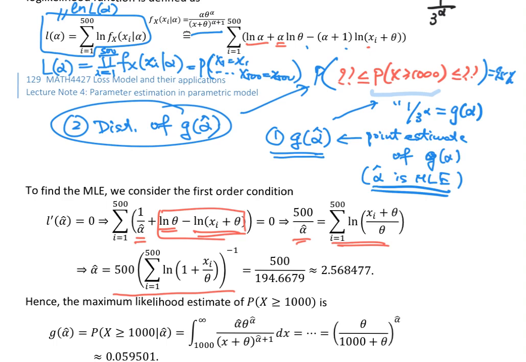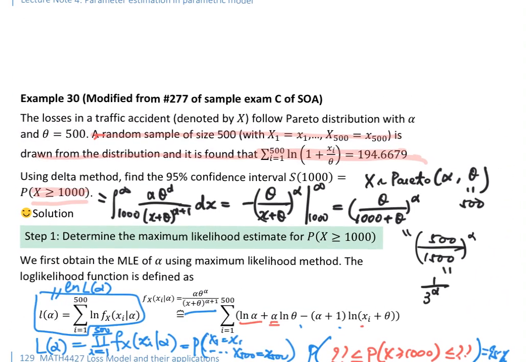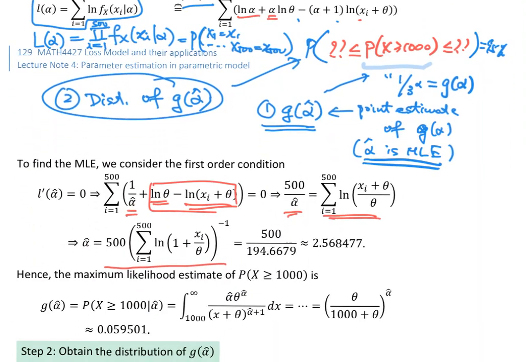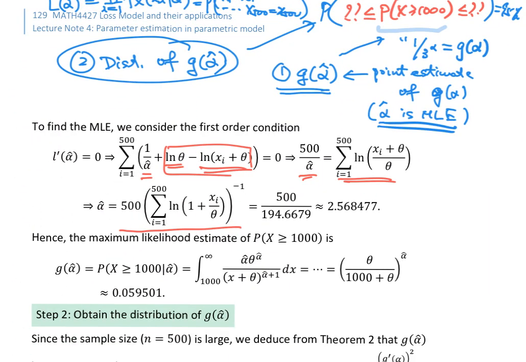Now the question is, what is this number about? According to the given condition, we know the summation of the log of 1 plus xi over theta is equal to 194. So you can just put that in, and you will get alpha equal to 2.568477.